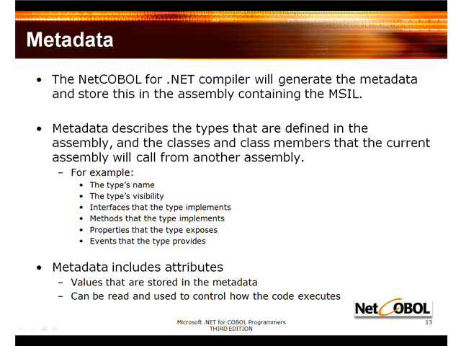So what we're talking about here is the type's name, the type's visibility, any interfaces that the type implements, methods that the type implements, properties that the type exposes, and events that the type provides. Metadata includes attributes and values that are stored in the metadata that can be read and used to control how the code executes and behaves.